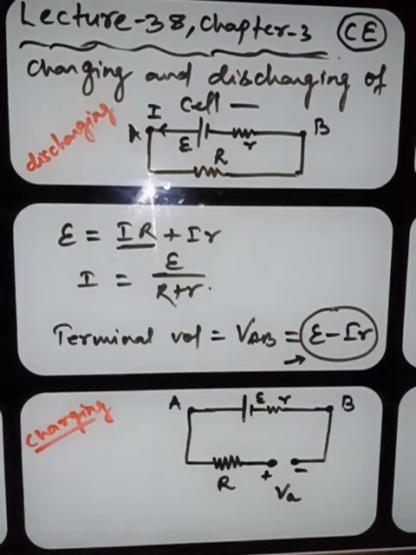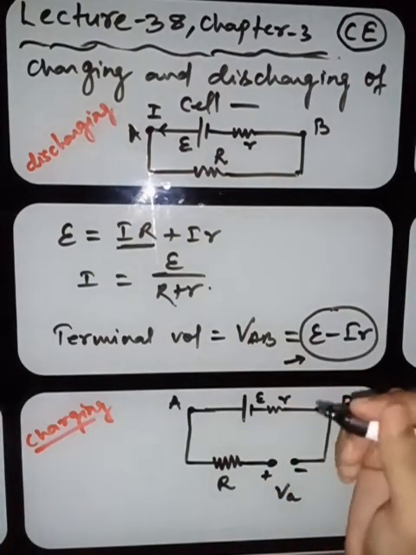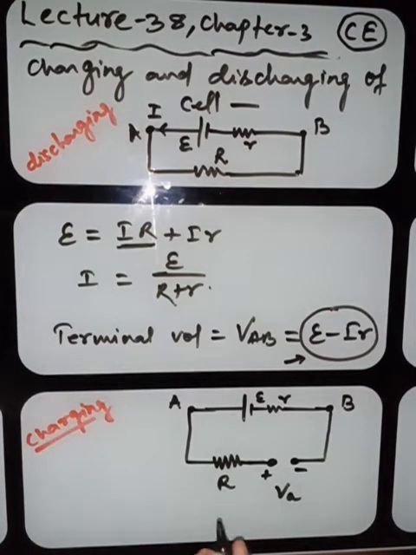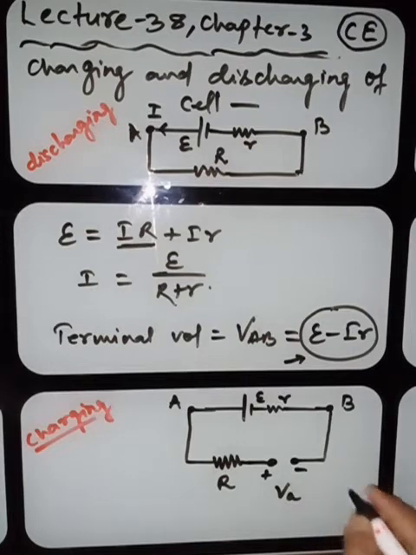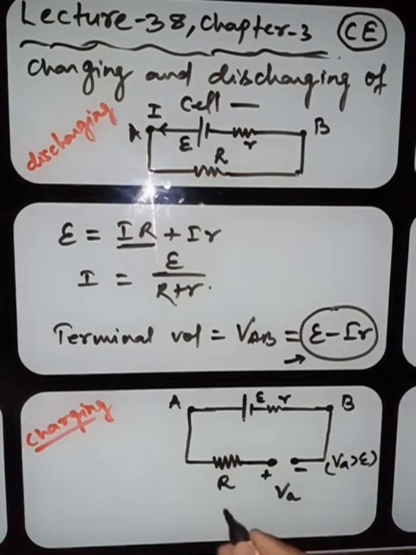You will get a number of questions in NCERT about this charging. Okay, in this case, remember, VA is greater than E. This is the high voltage charging. If this is the high potential battery, then this will be considered the mother cell of this circuit.